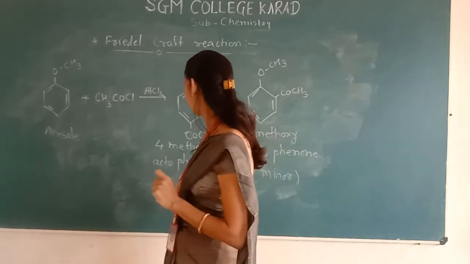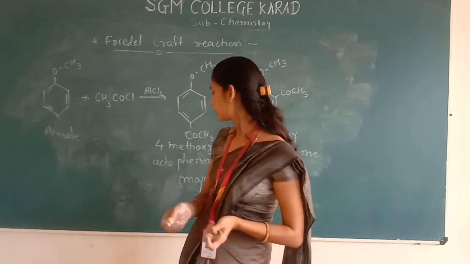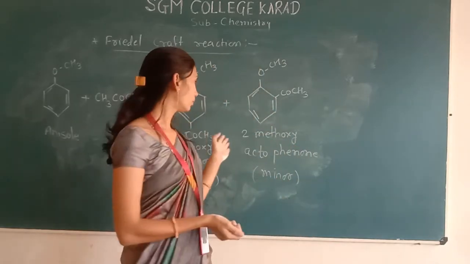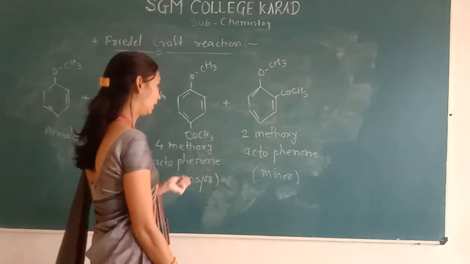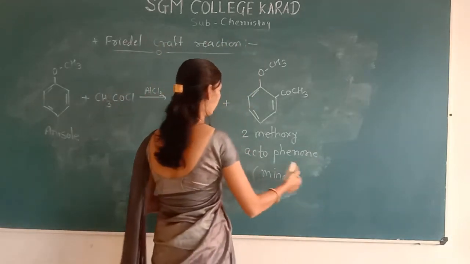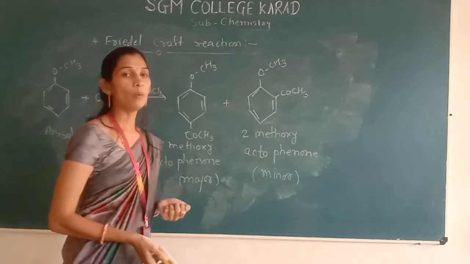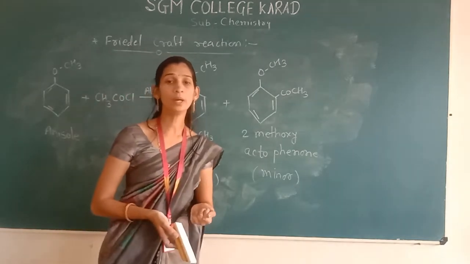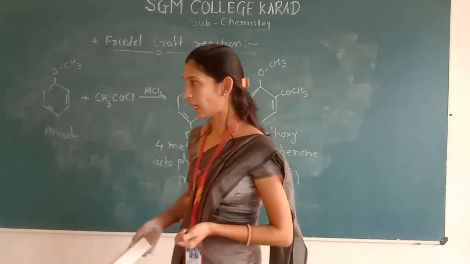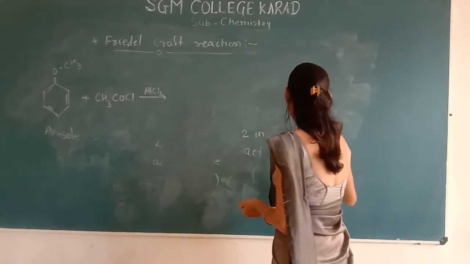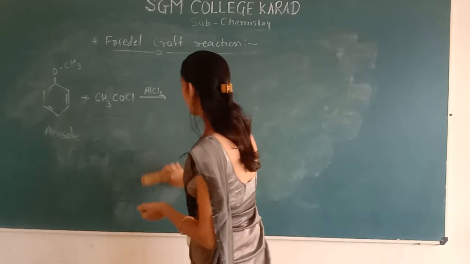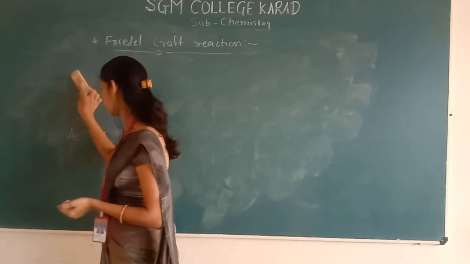Again we write a major product 4-methoxyacetophenone, and the second product we are getting in a very small quantity, so we write the minor product 2-methoxyacetophenone. Now it's our Friedel-Crafts reaction, a very important reaction. It is asked in your exam also.